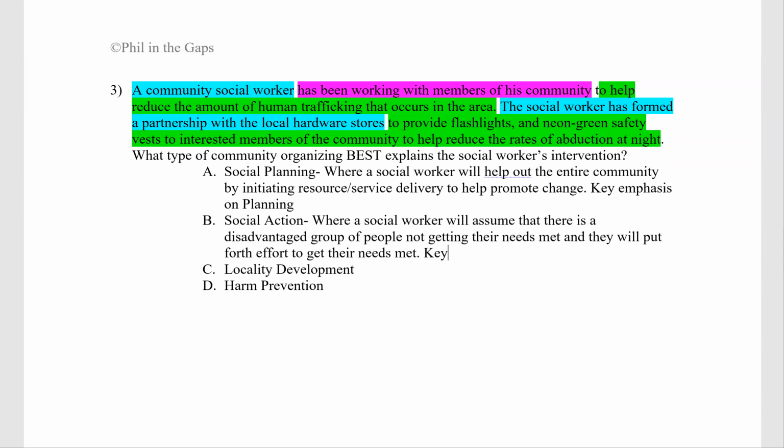So the key emphasis here is on action. So the social worker is doing all the actions to get this done.